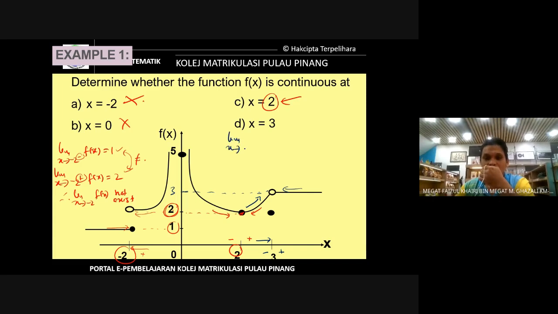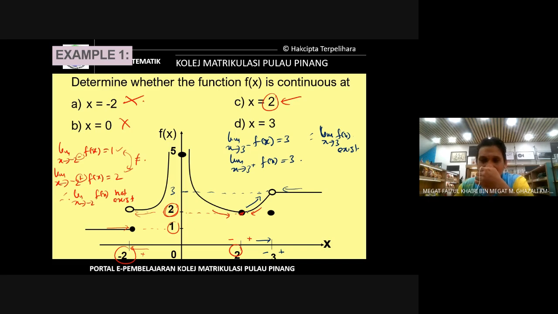The limit as x approaches 3 from the left of f(x) equals 3. The limit as x approaches 3 from the right of f(x) is also equal to 3. So the limit as x approaches 3 of the function f(x) exists.